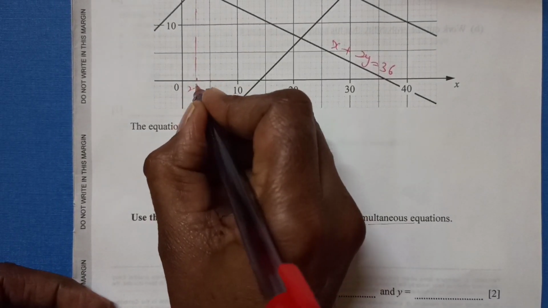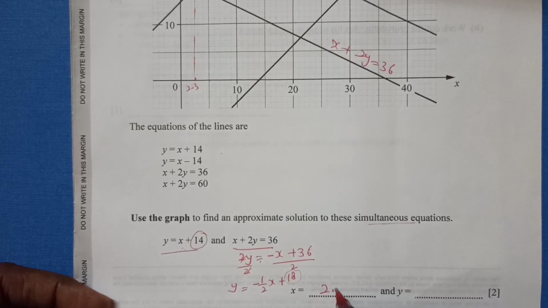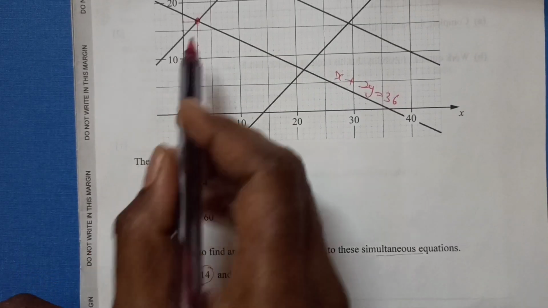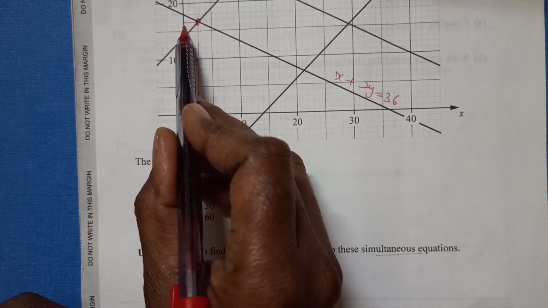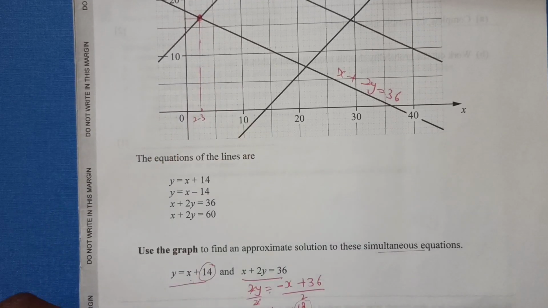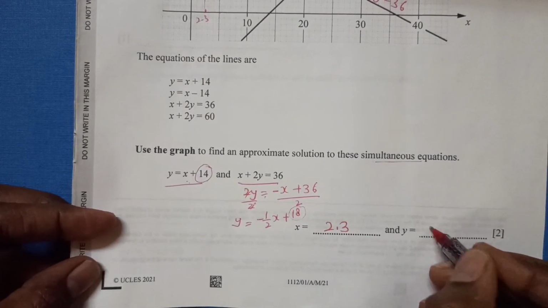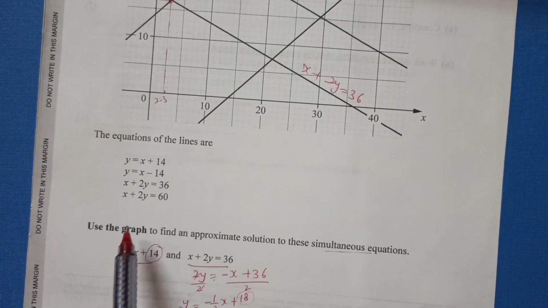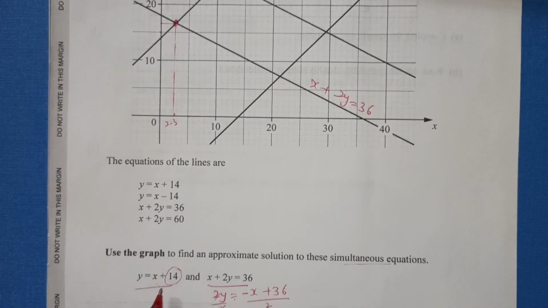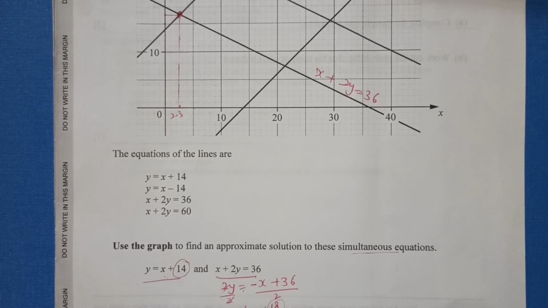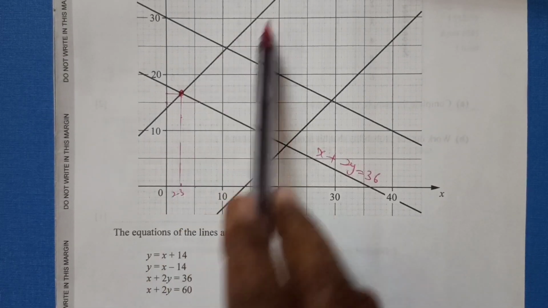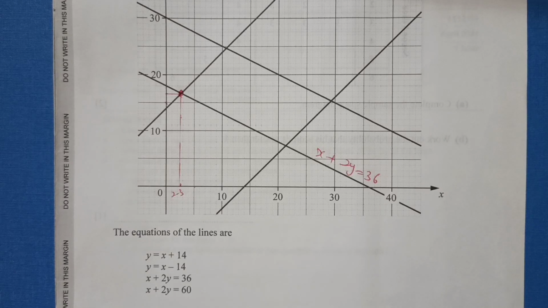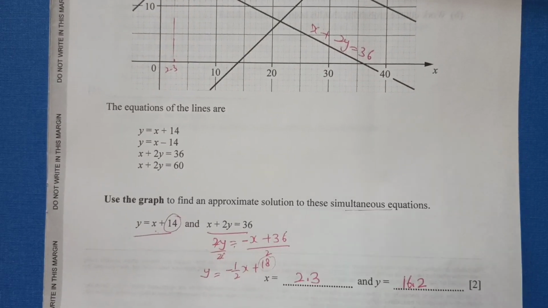So x is 2.3 and y is between 16 and 17, so it may be 16.2. You need not find all the equations, we just look for the equations that we need and check the intersecting point of those lines to get the values of x and y.